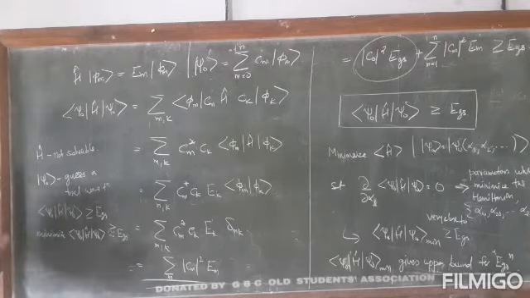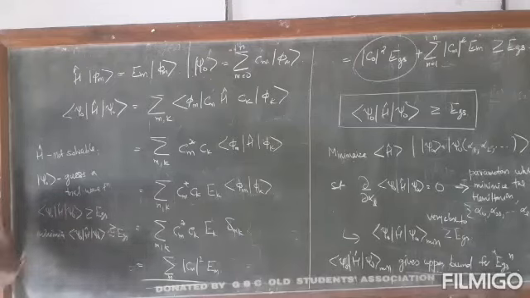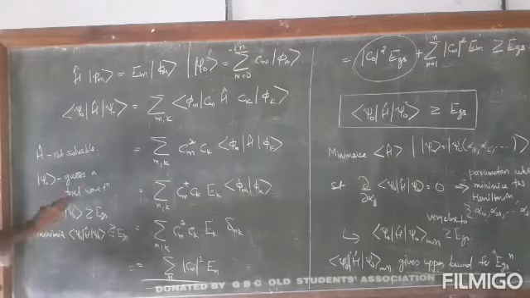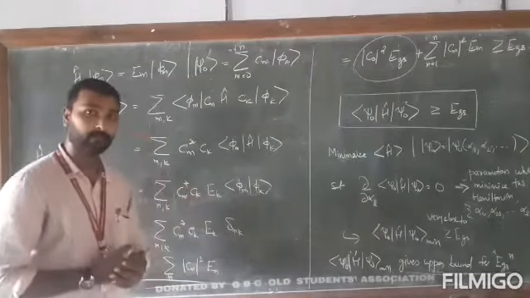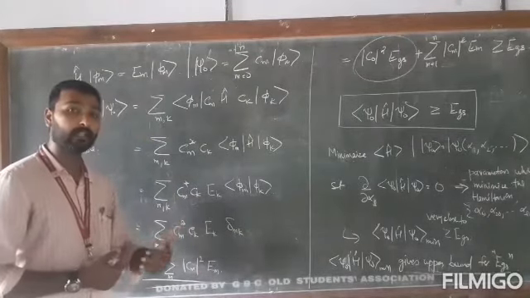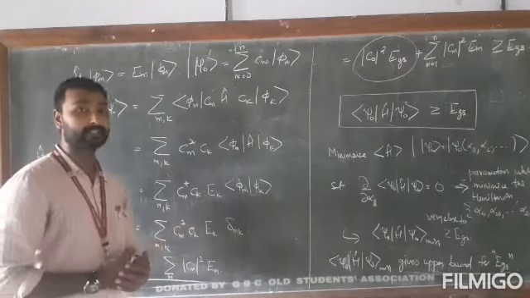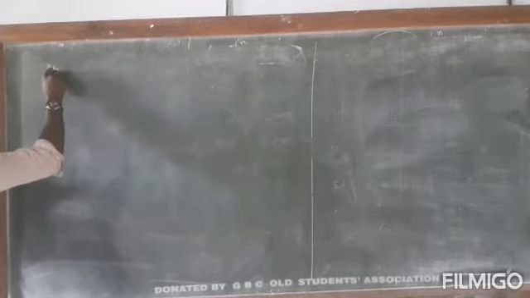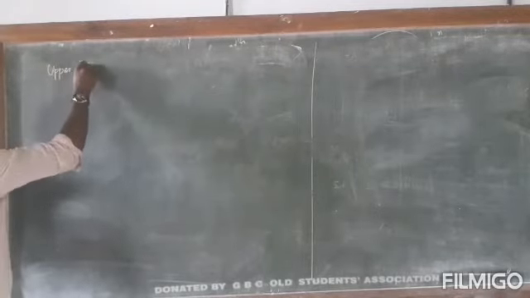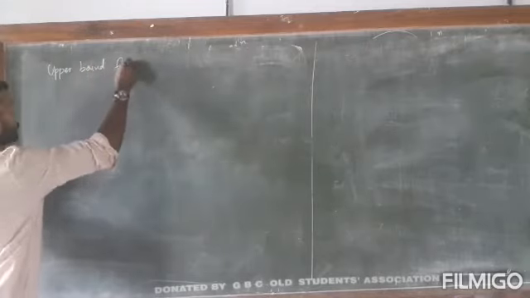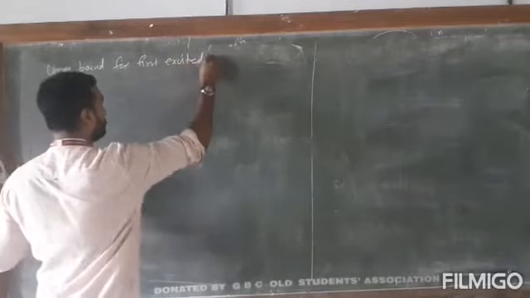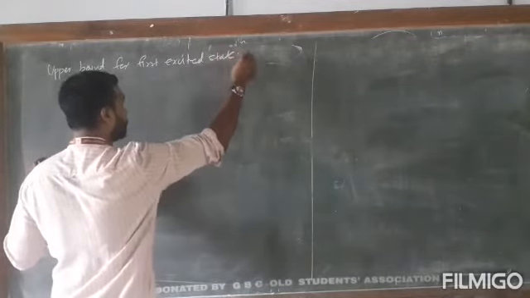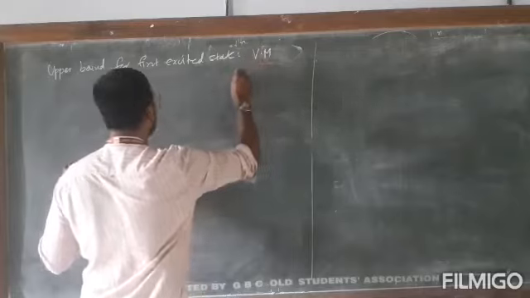You can find the first excited state energy, the second excited state energy, and so on. So how will we do that? We have just described how to find the upper bound for the ground state. Next we will see how to find the upper bound for the first excited state using the variation method.